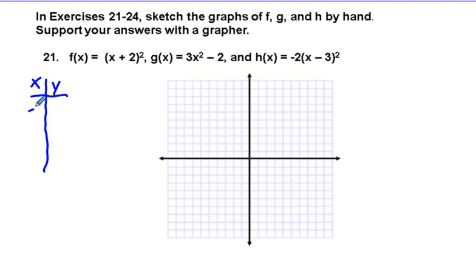If you plug in -3, you get an output of 9; -2, 4; -1, 1; 0, 0; and then 1, 1; 2, 4; and 3, 9. So this would be the parent function. So all of these, f, g, and h, are going to be transformations.